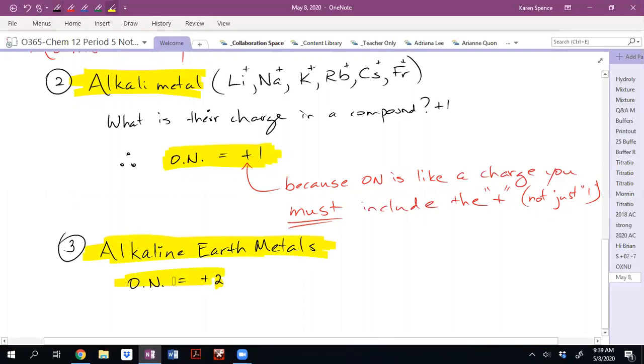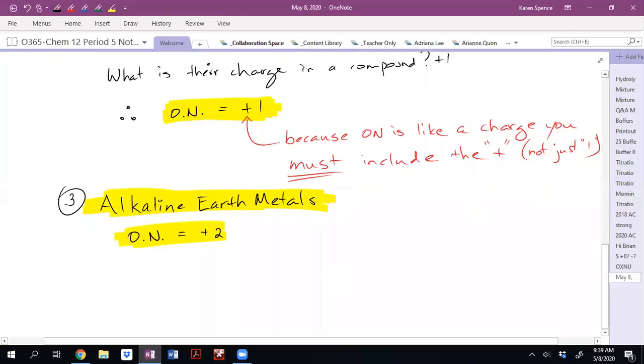So you already know a whole bunch of these, right? And if I was to say, what's the oxidation number of aluminum in a compound, you'd be like, oh, it's +3. But we're going to just explore a couple of things that have exceptions to the rule, and they're a little bit odd.